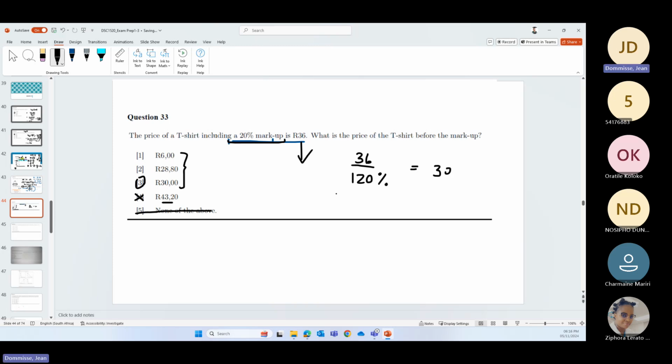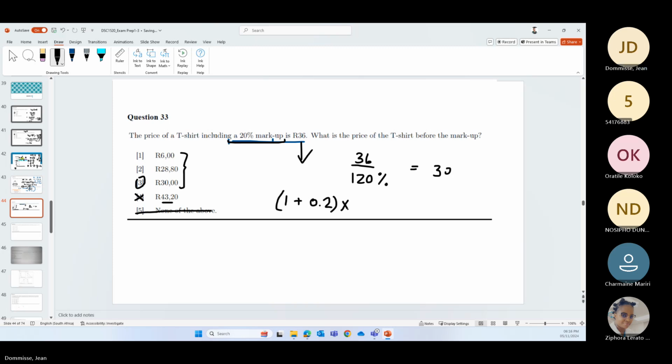The other way that we could have done it is to say, if I do a markup of 20%, that is a markup of 0.2.